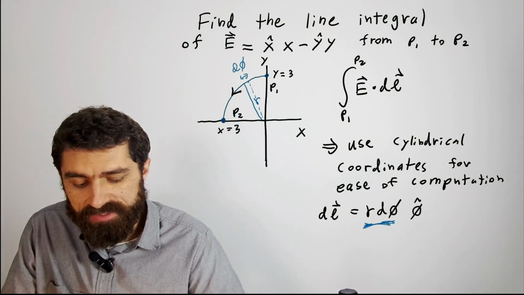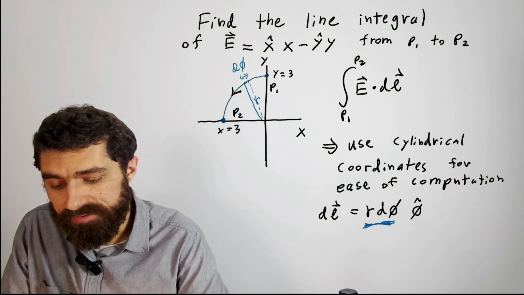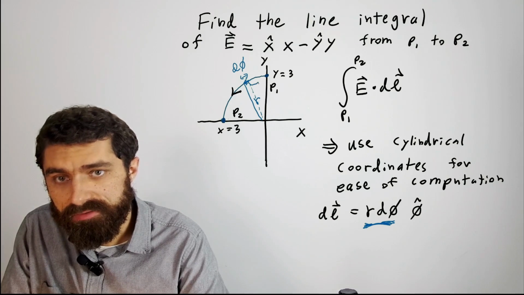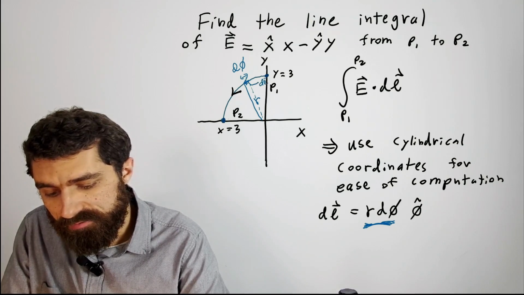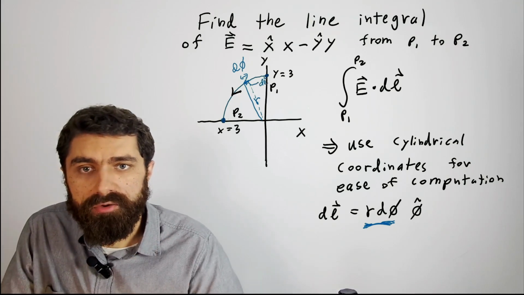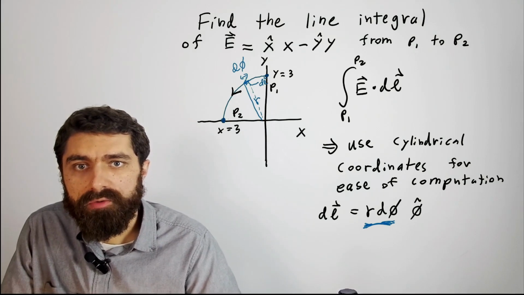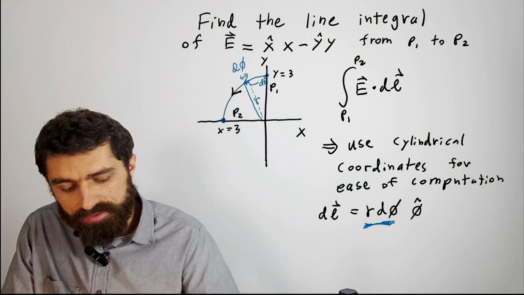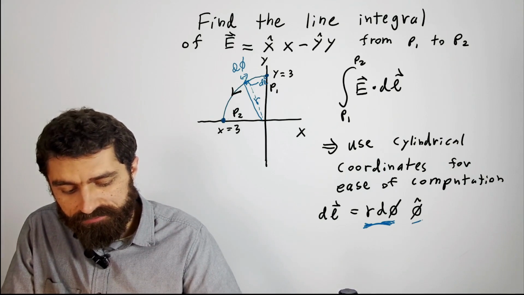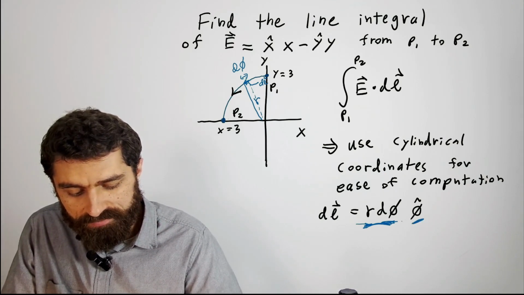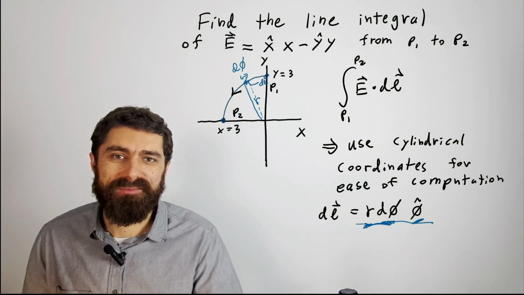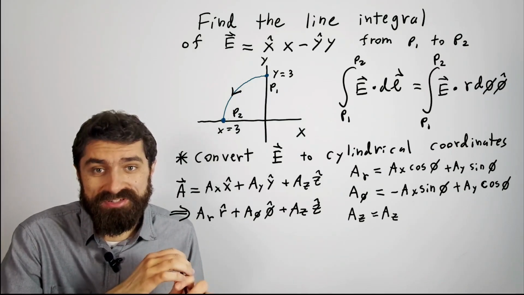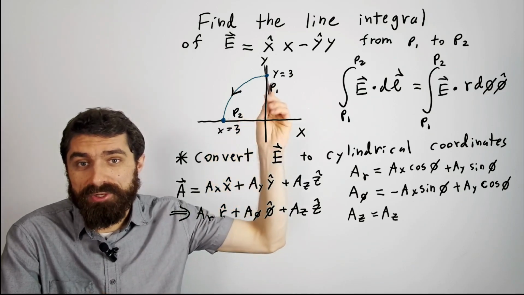So r d phi is actually going to be this arc length here. So that length there would actually be your dl vector, and it's going to be in the phi hat direction there. So that's pretty straightforward.